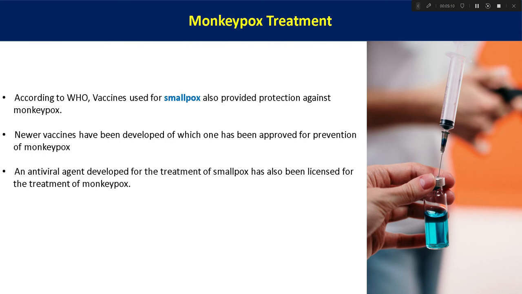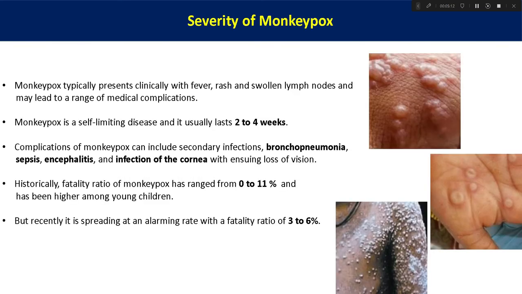Okay, so now if we talk about how severe the monkeypox disease is, it typically presents with fever, rash, and swollen lymph nodes, and it can also lead to other medical complications. Okay, and the main point is that monkeypox is a self-limiting disease like chickenpox or smallpox.